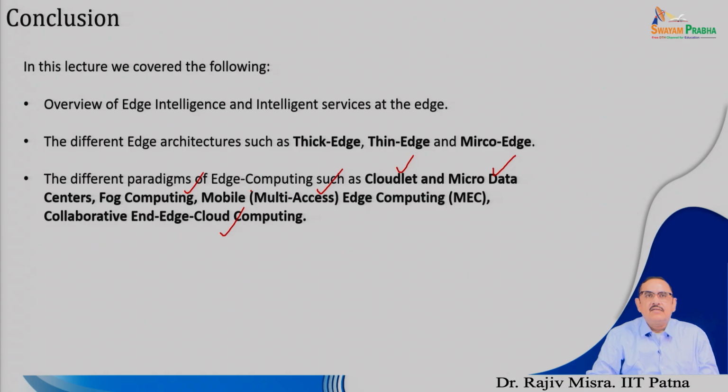On the other hand, the infrastructure, that is the edge cloud and task offloading, and the different paradigms that are evolving, such as cloudlet, micro data center, fog computing and multi-access edge computing, are also benefiting from and leveraging artificial intelligence, so that they provide intelligent computation resources.